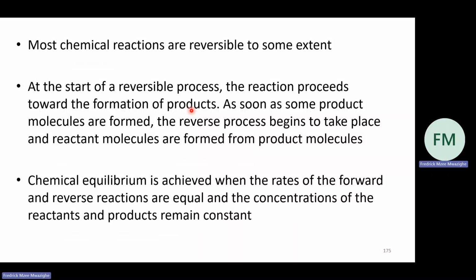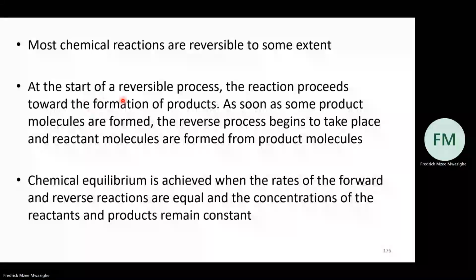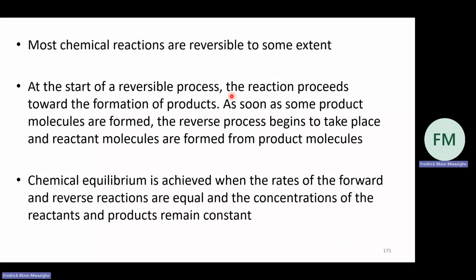So like the example that we looked at, A plus B giving us C plus D, at the start of a reversible process, the reaction proceeds toward the formation of products. So at the beginning, you only have A and B reacting to give us C and D. But then as soon as some product molecules are formed, the reverse process begins to take place.